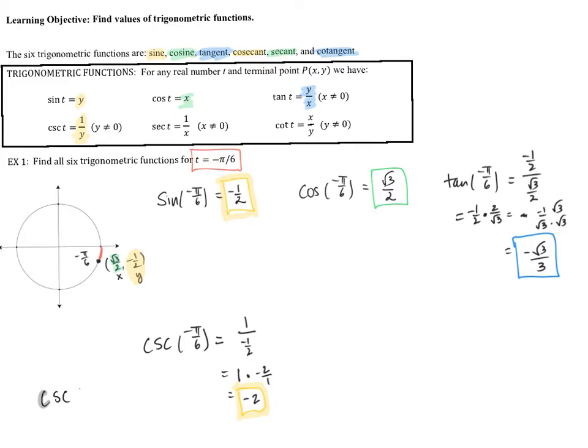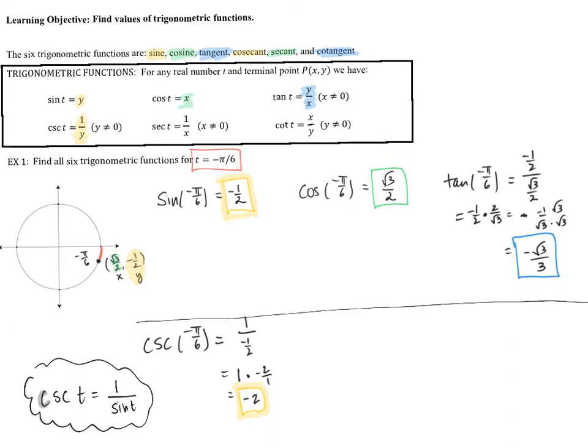So another way of writing it: cosecant of some t is the reciprocal of sine. If we did all the work of finding our sine, for the cosecant we can just flip that upside down and we've got our cosecant. The same thing with the secant and the cosine.